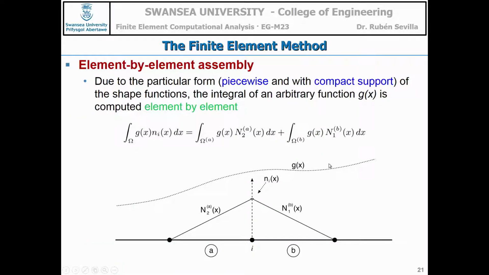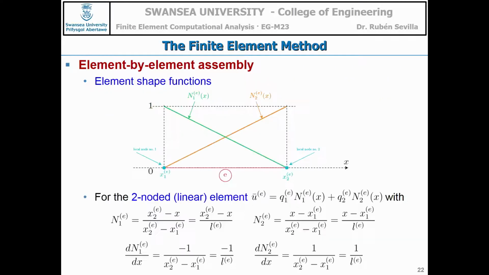So we are going to use this information. This slide is just to basically tell you what I said already, which is N is 0 everywhere on the left, 0 everywhere on the right, and only in a small region is non-zero. For that reason, let's focus on one element.